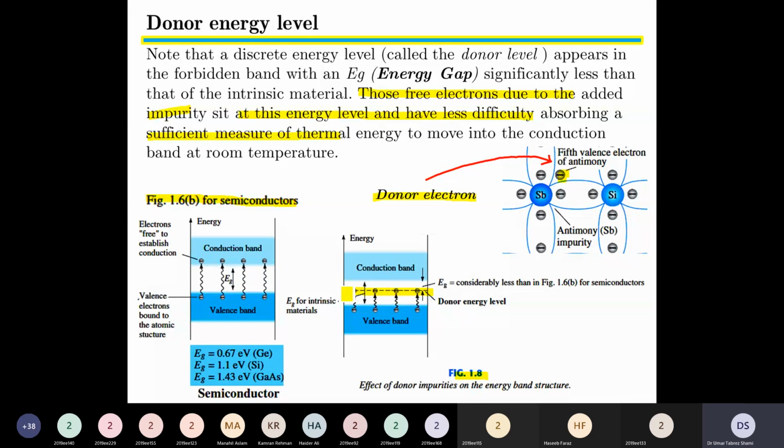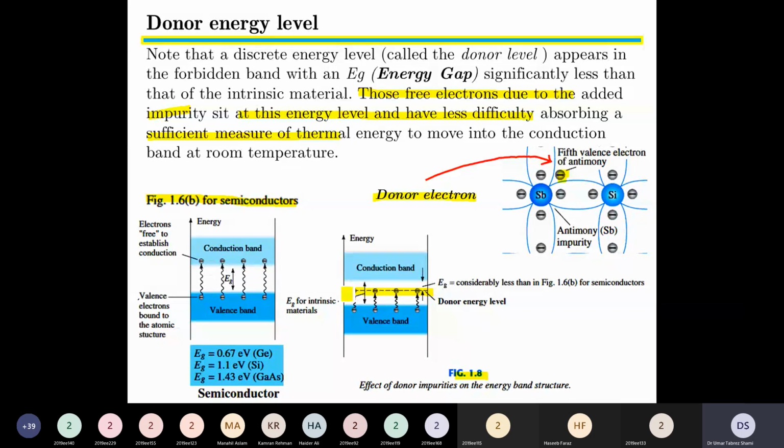But here, due to the availability of an electron, an electron that did not create a covalent bond, this electron will have a special characteristic. The special characteristic is that it will circulate in a shell called the forbidden band.